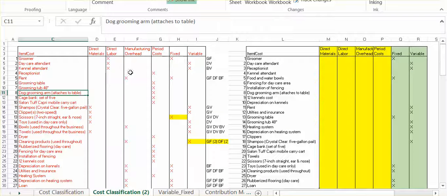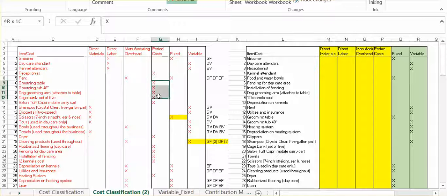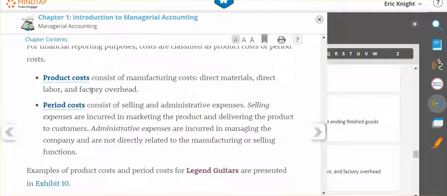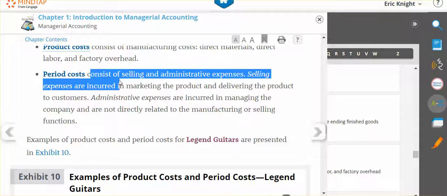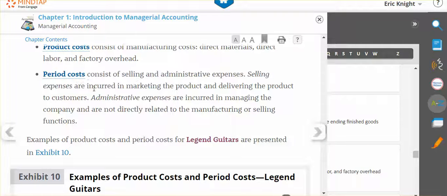Also, I just want to point out the things being classified as period costs. Receptionist makes sense. These other things like tables and cages and fencing, usually that's not what they would consider in the textbooks a period cost. I'm looking at the textbook that the students are using, which is consistent with most of the ones that I've used.